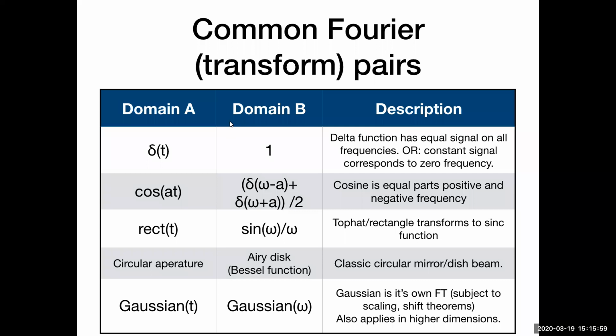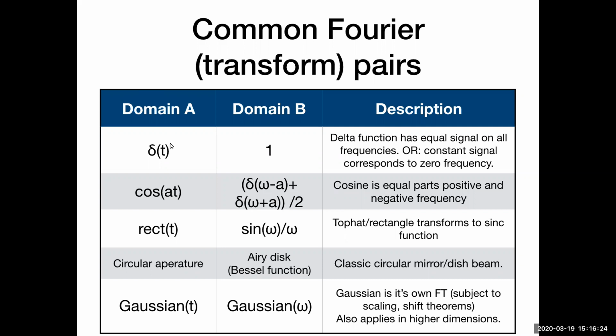There are a few common Fourier transform pairs that pop up a lot, so they're useful to have handy. The first one is that a delta function, the Dirac delta, Fourier transforms into a constant. It's just a flat function. Or vice versa, a flat function Fourier transforms into a delta function.